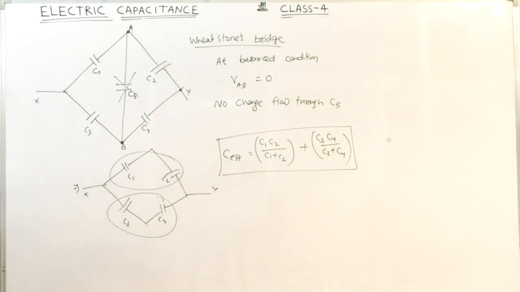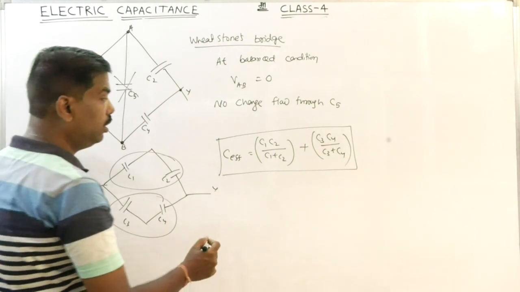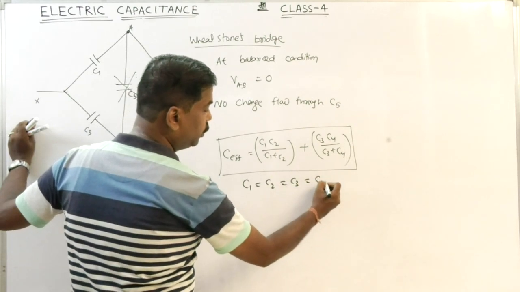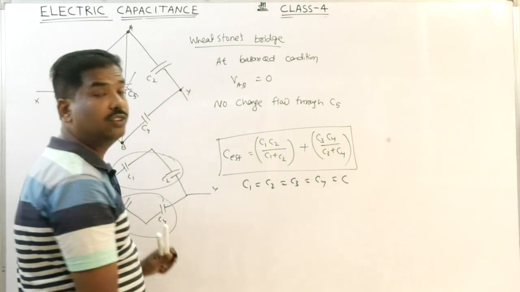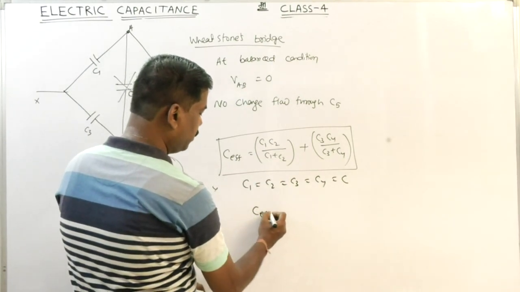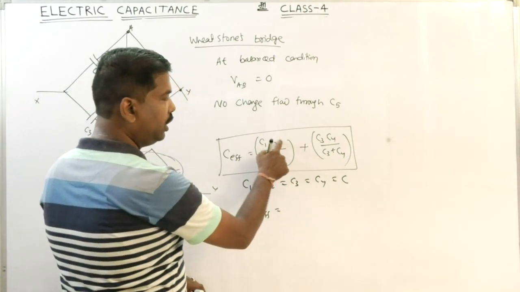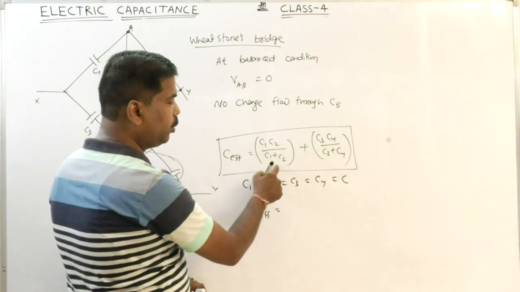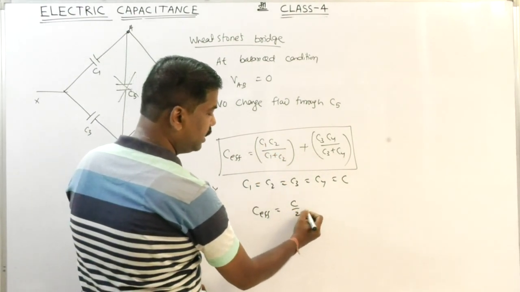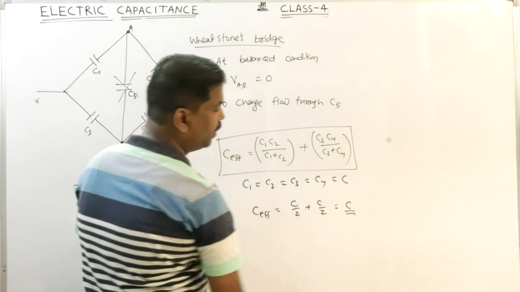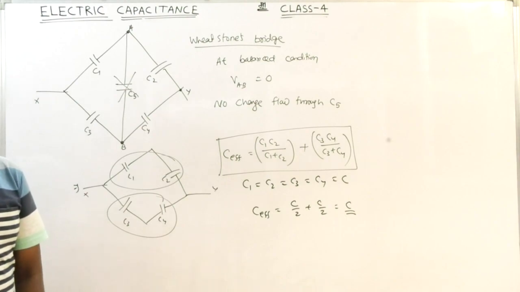Now if all four capacitors are equal, C1 equal to C2 equal to C3 equal to C4 equal to C, then each branch is C square by C plus C, that is C square by 2C, which is C by 2. This is also C by 2, hence the effective capacitance is C.